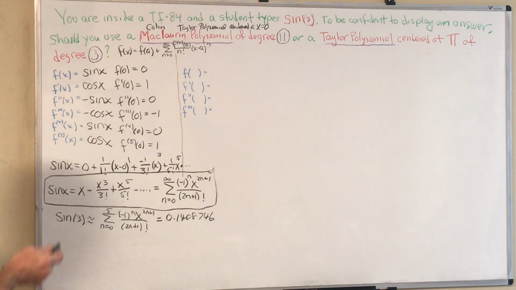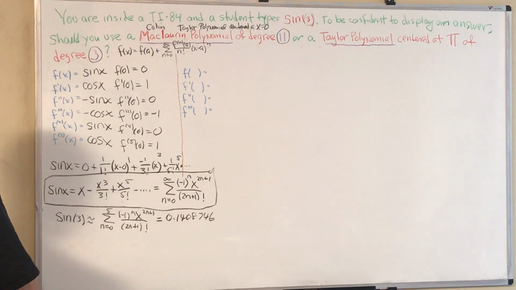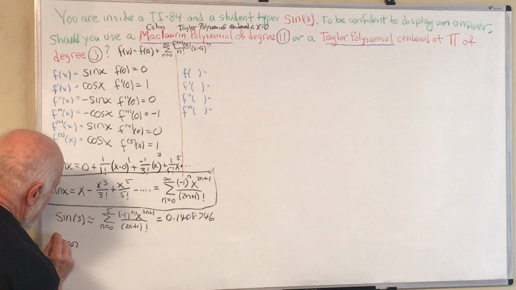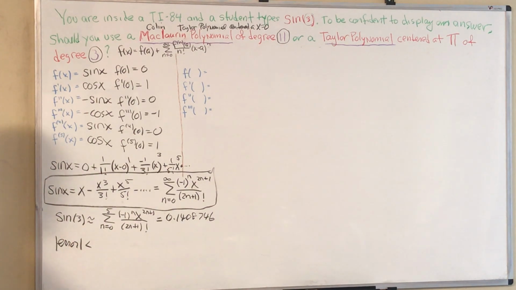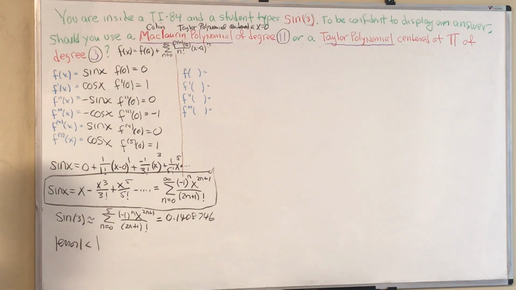So what I notice is this is an alternating series. So I can say the error in absolute value is less than the absolute value of the first term you omit.